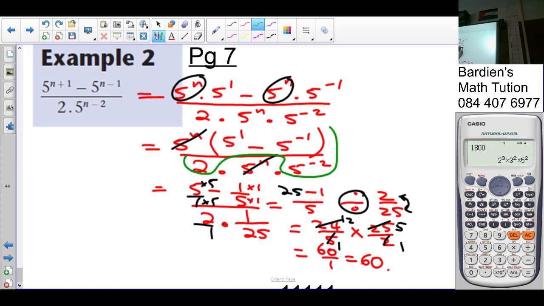That in green we could have punched into the calculator. So that would simply be 5 to the exponent 1, which is 5, minus 5 to the negative 1, over 2 multiplied by 5 to the negative 2, giving the answer 60. Okay. Any confusion at this point?